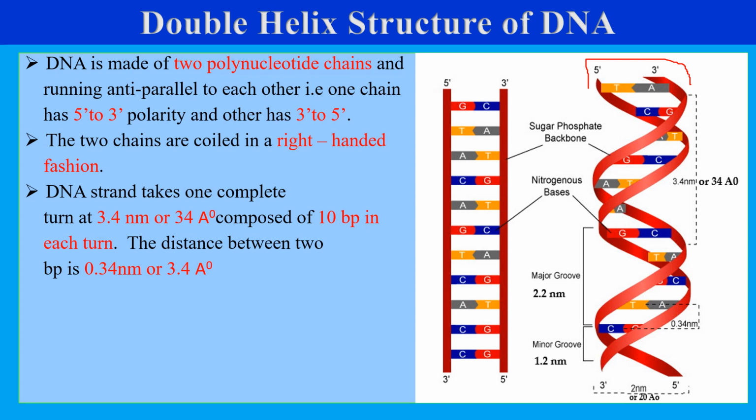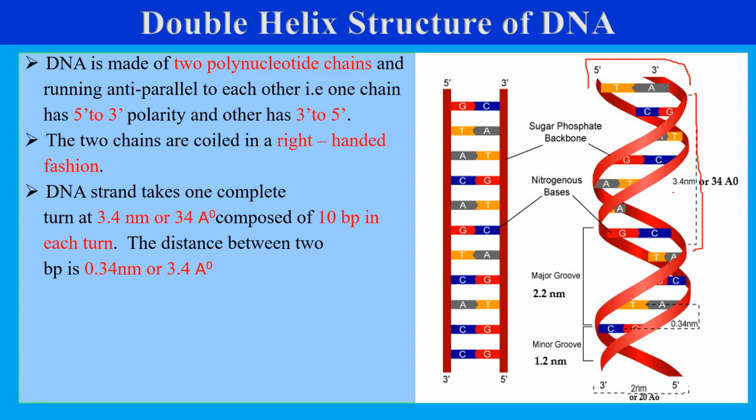DNA takes one complete turn, that is from here to here. One complete turn measures about 3.4 nanometer or 34 angstrom, and each turn is composed of 10 nitrogen base pairs. And then what is the distance between two nitrogen base pairs? The DNA takes one complete turn at 3.4 nanometer or 34 angstrom, and the number of nitrogen base pairs is 10.